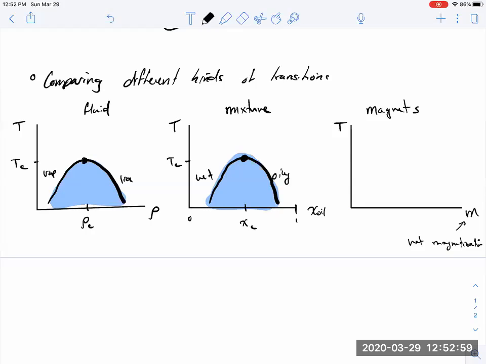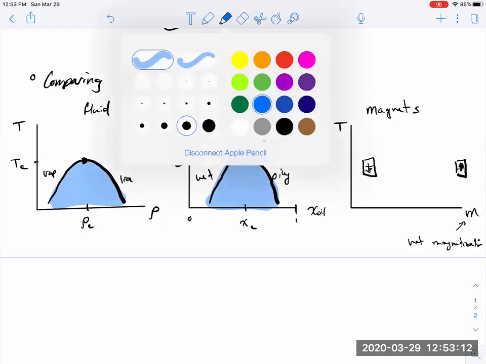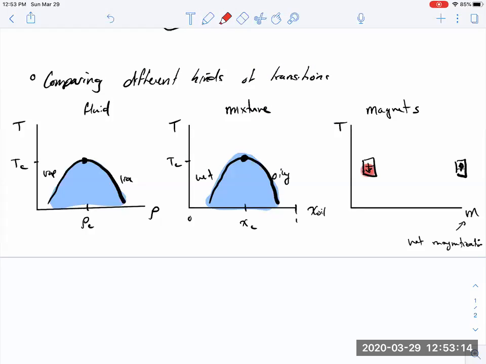So a magnet, that's like your fidget spinners or your bar magnets that you might play with. You know that there is in general two directions that that magnet can point, up or down, which usually are denoted in permanent magnets by the little bars like that.